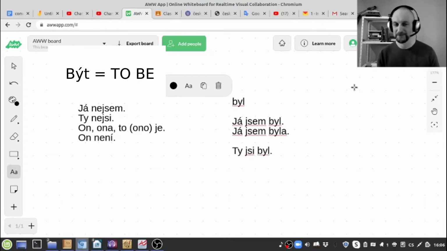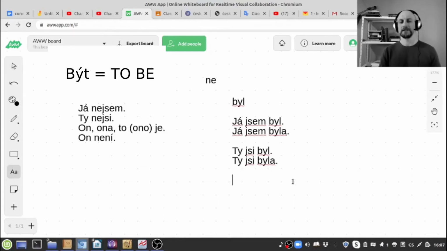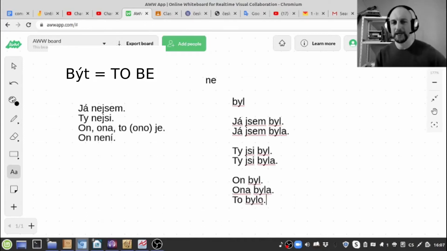And again, we have to decide who we are talking to. So in this case, it could be a man, and if it is a woman, you would say ty jsi byla. And in the third person singular, which is on, ona, ono, you would not include the present form. You would say only on byl, or ona byla, or to bylo. So here with to or ono, we have o at the end.